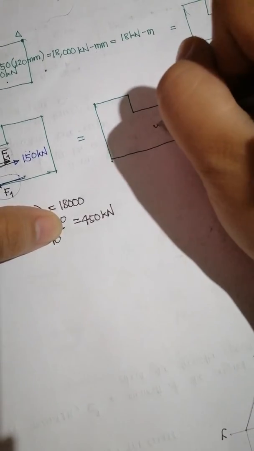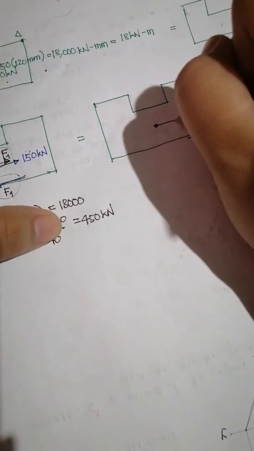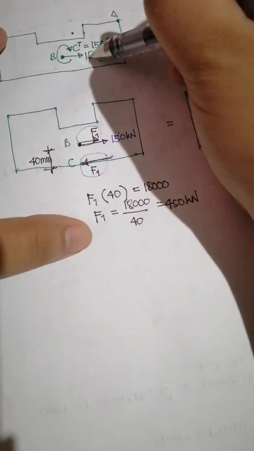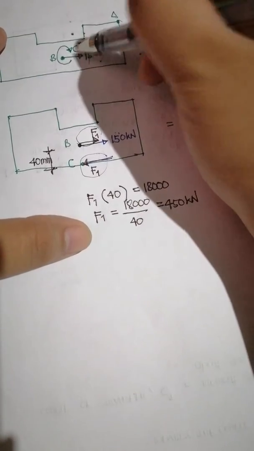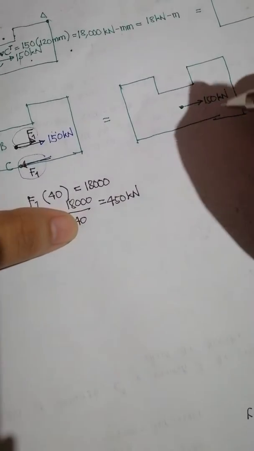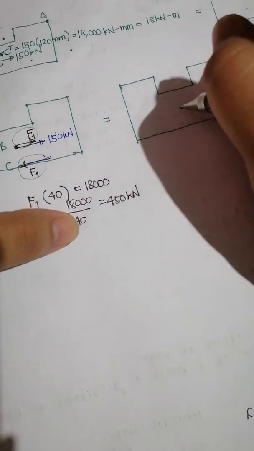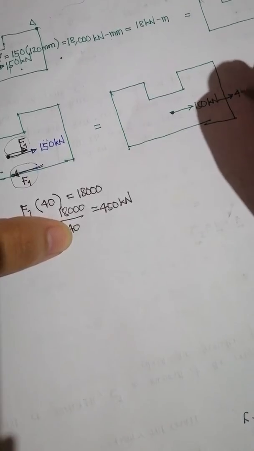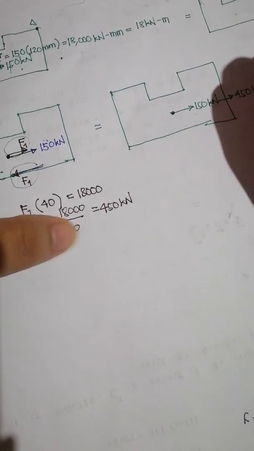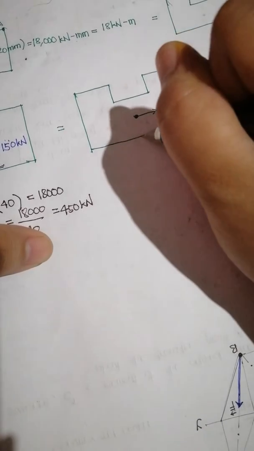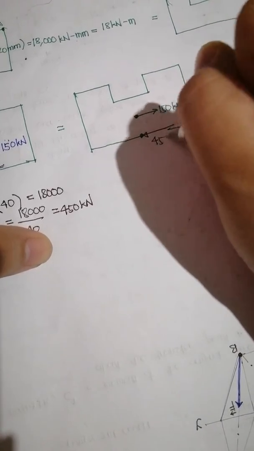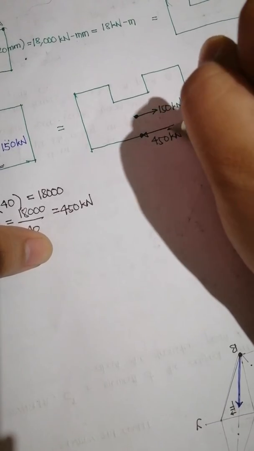We have one acting at point B, the 150 kilonewton load, which is this one. And for the couple, we replace it with two forces wherein the magnitude is 450. So you have another one here, 450, still acting at point B, and another one acting at point C, which is also 450, but this time it is directed to the left.